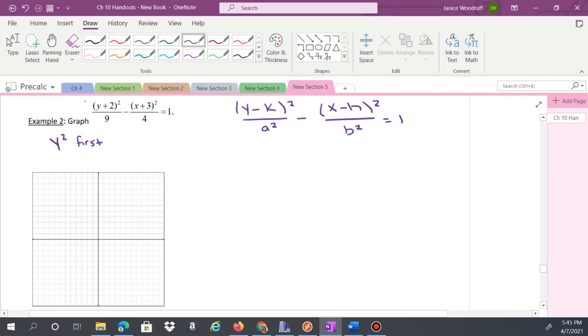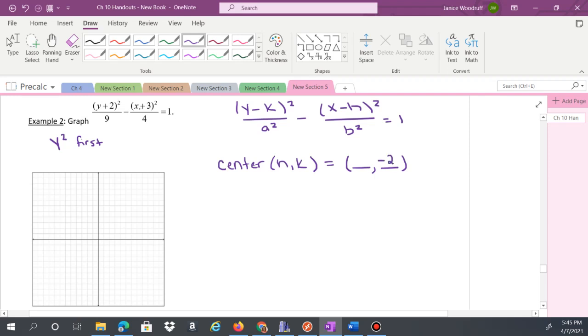So we have a k with the y value. So that k is 2. So we're going to have a center. All right, so our k turned into a plus sign. So y minus -2.